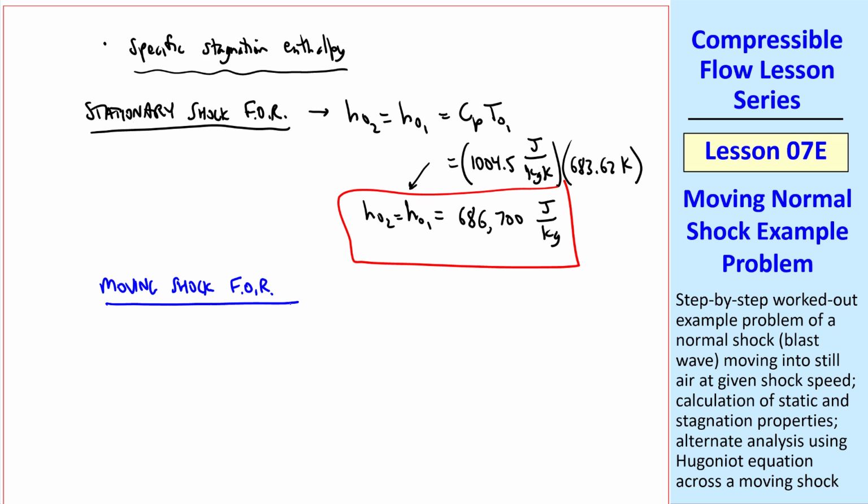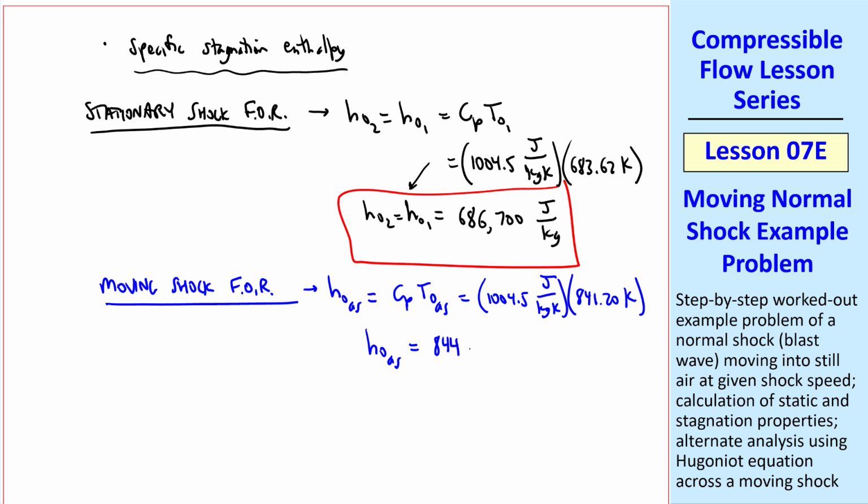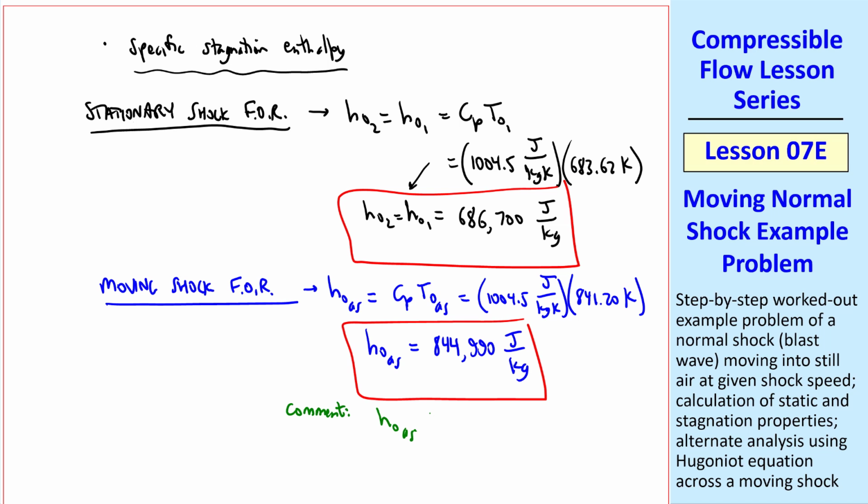In the moving shock frame of reference, h0 after the shock is Cp T0 after the shock. And when we plug in the numbers, we get h0 AS is 844,990 joule per kilogram. And notice that h0 AS is greater than h02.